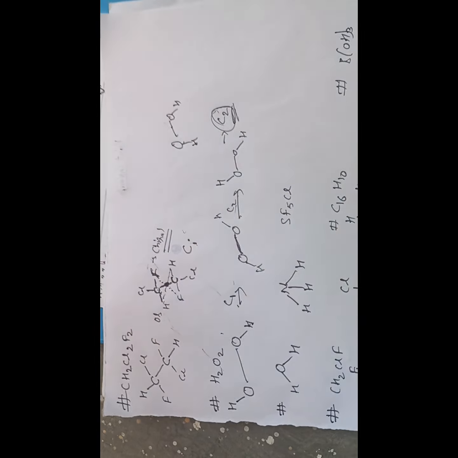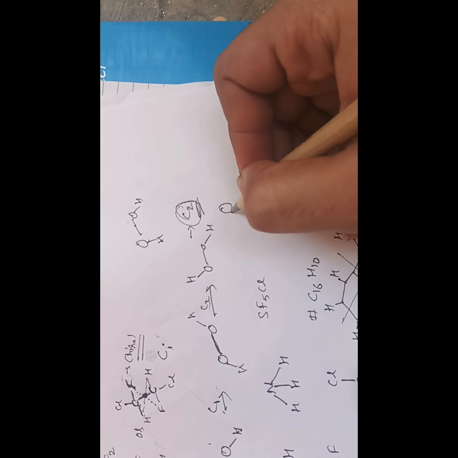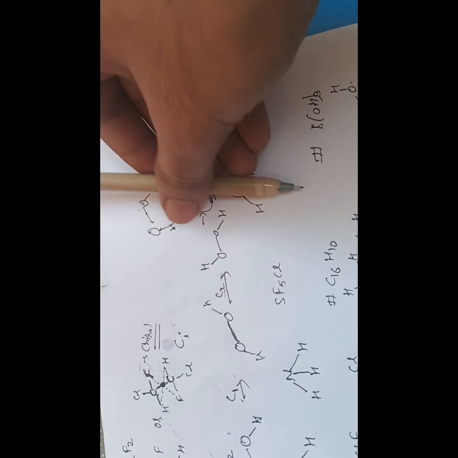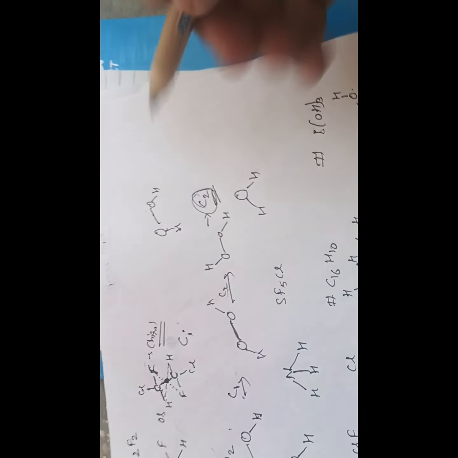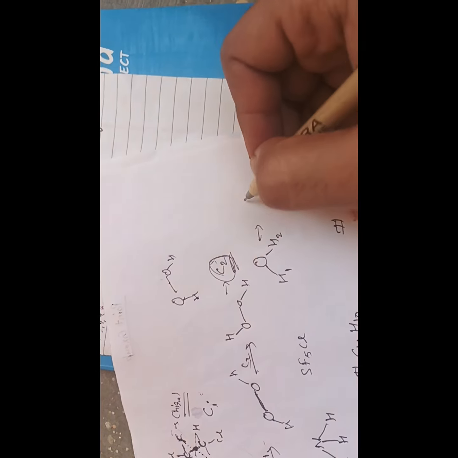Now come to H2O. This is the H2O molecule, and here there will be oxygen and hydrogen and hydrogen. After the rotation it will be like this, and we name the hydrogens H1 and H2.